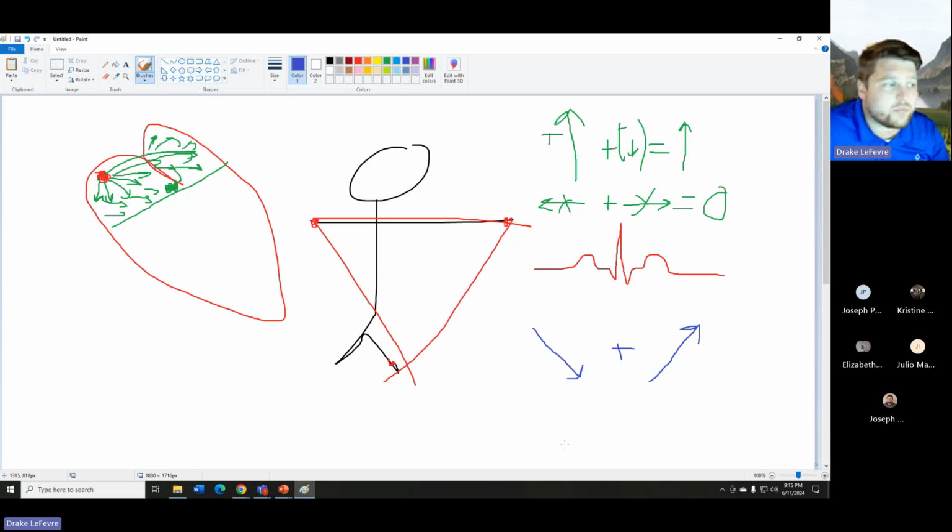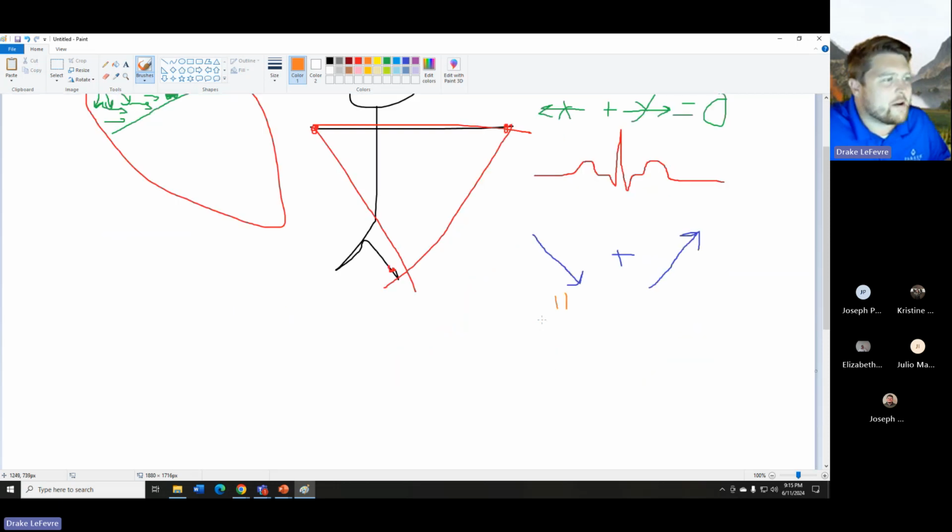And we can still add these together, but we can take this diagonal arrow and break it down. This equals a downward arrow and an arrow to the right, kind of adding those, so that plus that.